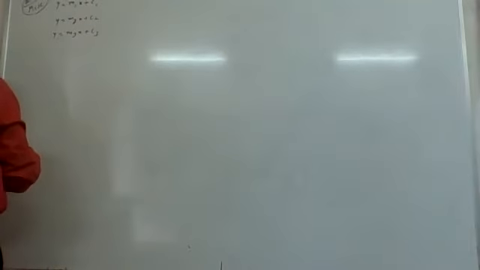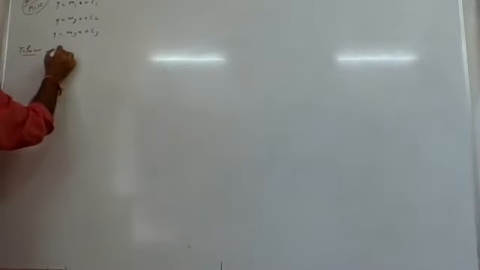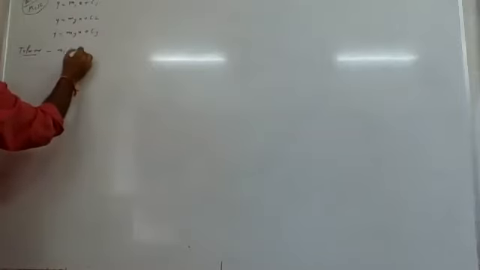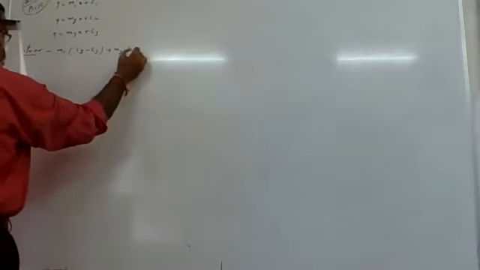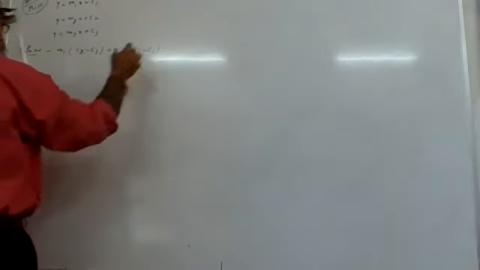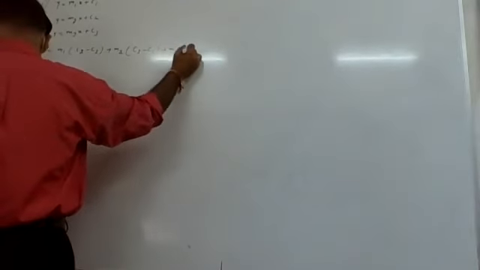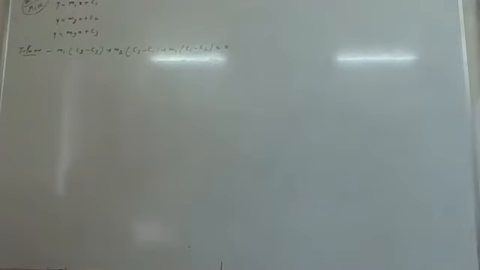These lines are concurrent. We have to prove m1 (c2 minus c3) plus m2 (c3 minus c1) plus m3 (c1 minus c2) is equal to 0. This is the question which I have to prove.